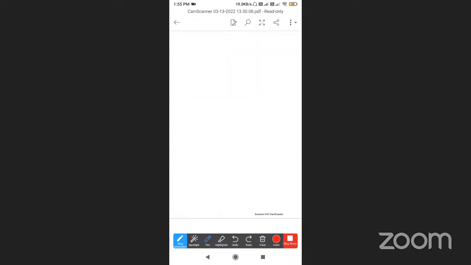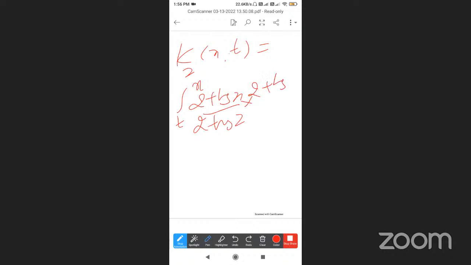So now k2 of x comma t is equal to the integral t to x, 2 plus cos x by 2 plus cos z, this is k of x comma z. What is k1 of z comma t? Same, 2 plus cos z by 2 plus cos t, into dz.